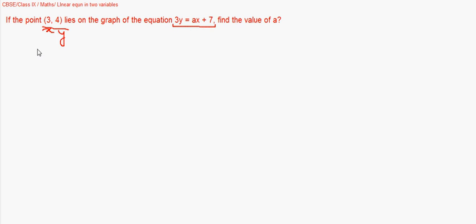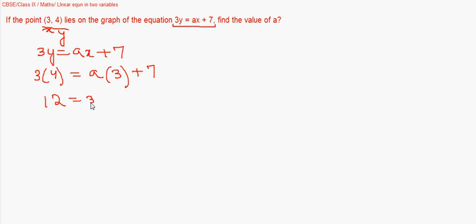Actually, let me write the equation. Y is given as 4, x is 3, so 3 times 4 is 12 equals 3a plus 7. So it is 3a equals 5 if I carry 7 to the other side.